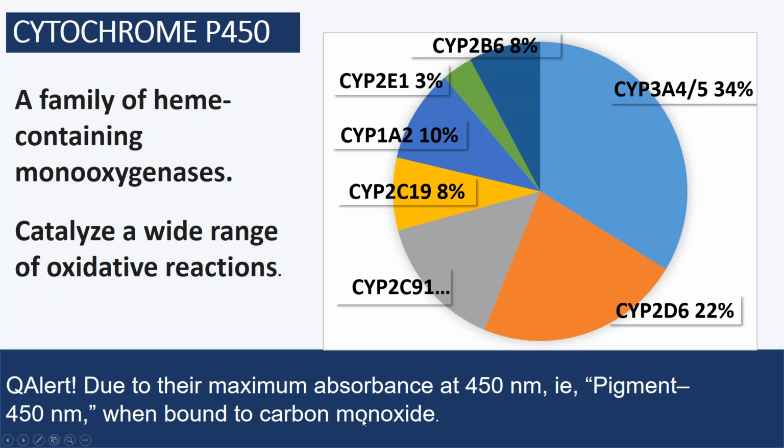Based on that 450 nanometer pigment of the protein, that's where P450 comes from. There are approximately 30 major subtypes of CYP enzymes. Among them are CYP3A4, 2D6, 2C19, and also 2C9, 1A2, and 2B6. Those are commonly seen and responsible for various drug interactions.